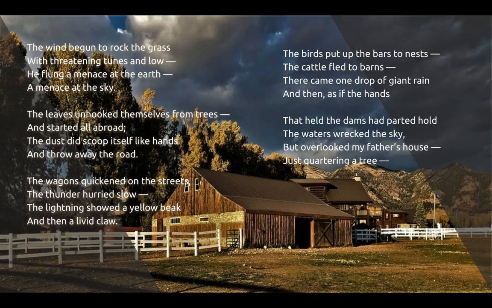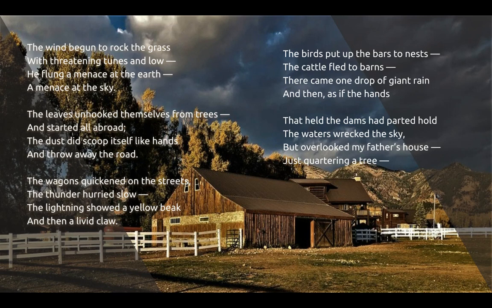The wind begun to rock the grass with threatening tunes and low. He flung a menace at the earth, a menace at the sky. The leaves unhooked themselves from trees and started all abroad. The dust did scoop itself like hands and throw away the road. The wagons quickened on the streets, the thunder hurried slow.